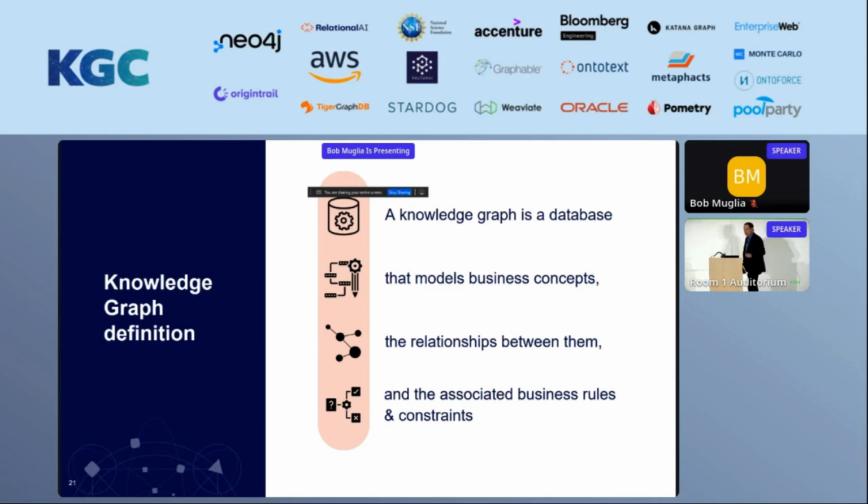Let me say that again. A knowledge graph is a database that models business concepts, the relationships between them, and the associated business rules and constraints. I think that's a pretty good definition, and it's very broad. That's important.